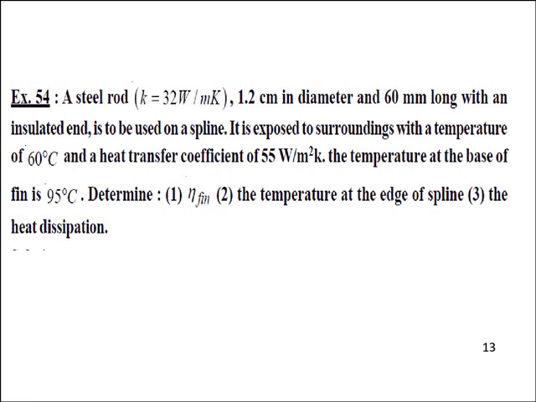It is exposed to the surrounding with the temperature of 60 degrees Celsius and heat transfer coefficient is 55 watt per meter square Kelvin. The temperature at the base of the fin is 95 degrees Celsius. We have to find out fin efficiency, temperature at the edge of the spine and the heat dissipation.